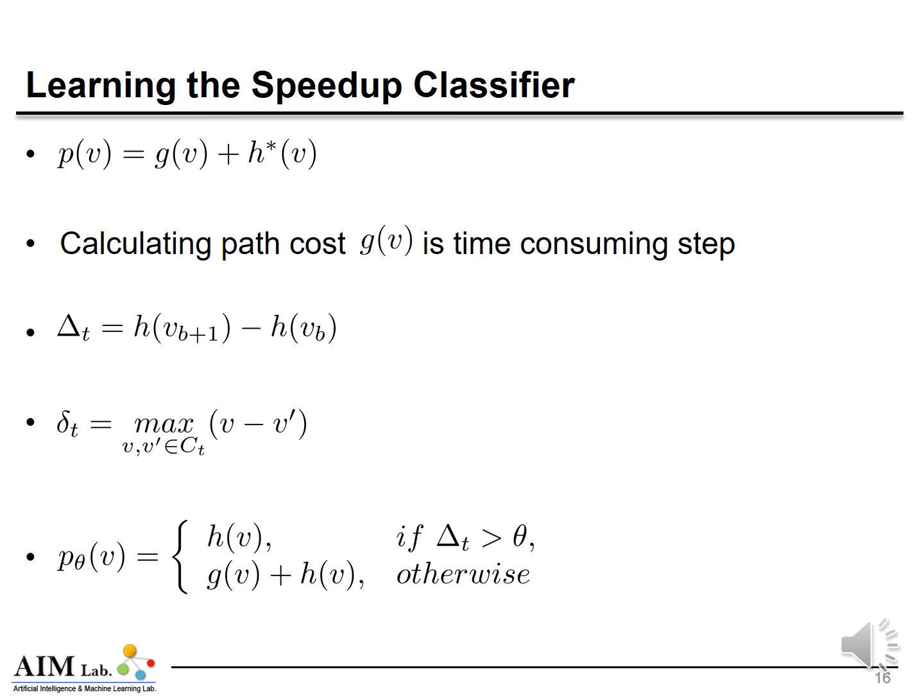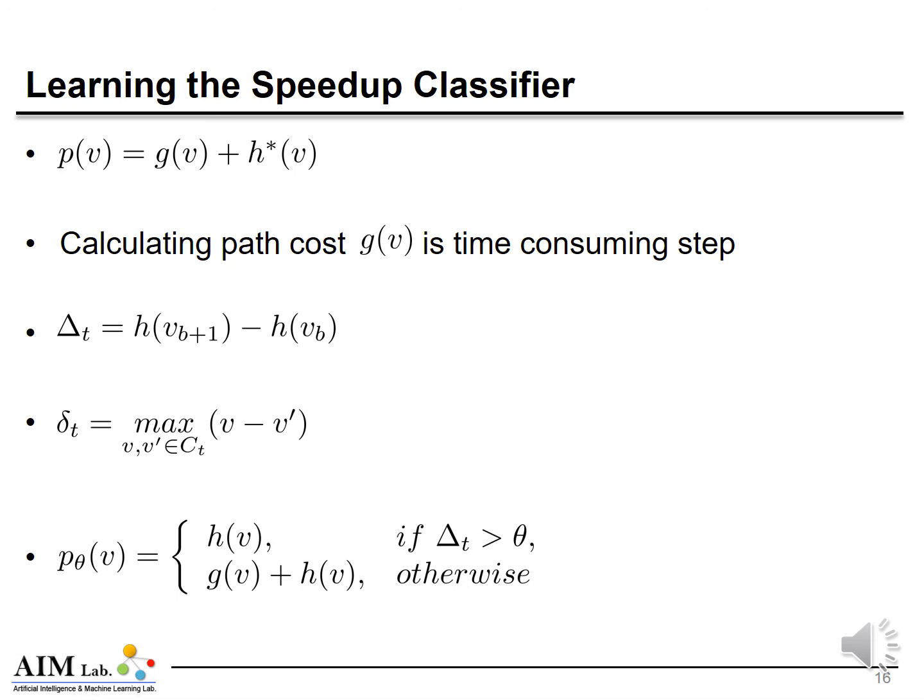However, computing the path cost G(V) involves calculating the corresponding ILP coefficient, which is a time-consuming step. If a search node is strongly preferred by the heuristic function, the path cost is unlikely to reverse the heuristic function's decision. In this case, we can rank the candidate search nodes with the heuristic function only.